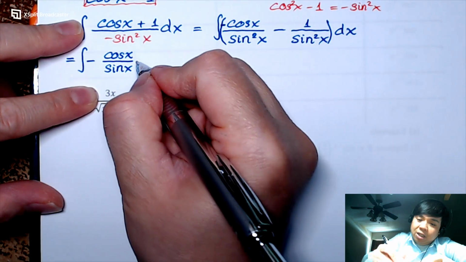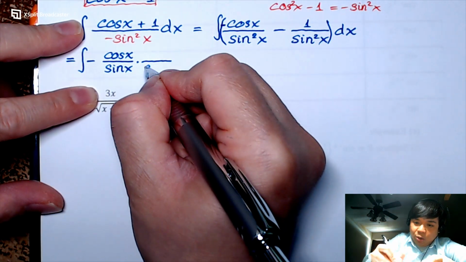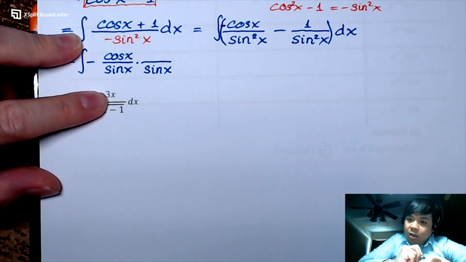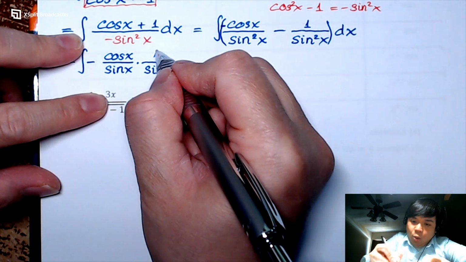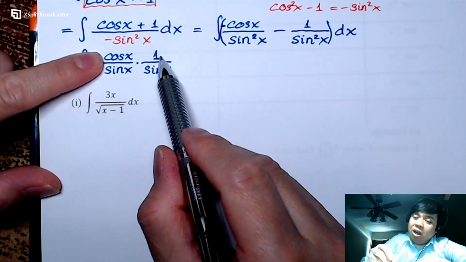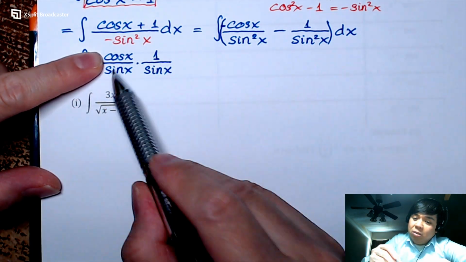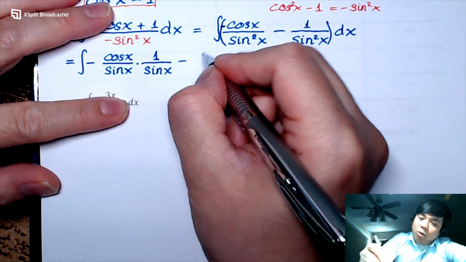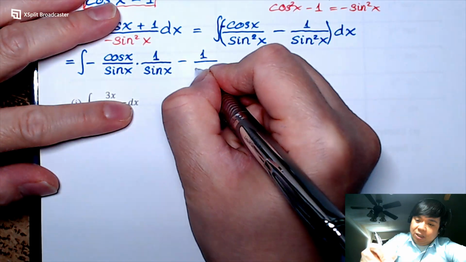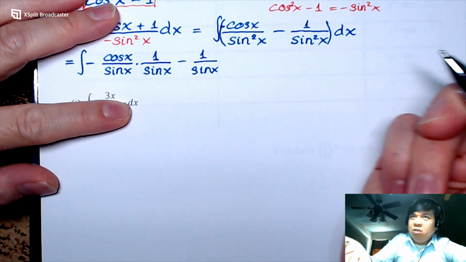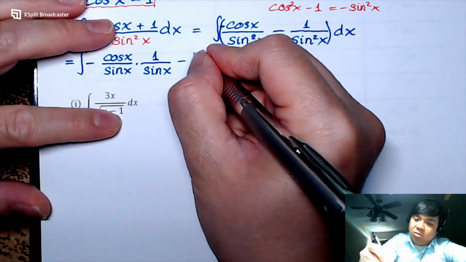Well, this sine x already needs 1 more, so that's your sine squared. I have to put 1 here. So that cosine is cosine times 1. The bottom is sine times sine. Split like that. Now we have 1 over sine squared, and then times 1 over sine x. Let's just make it a square like this.